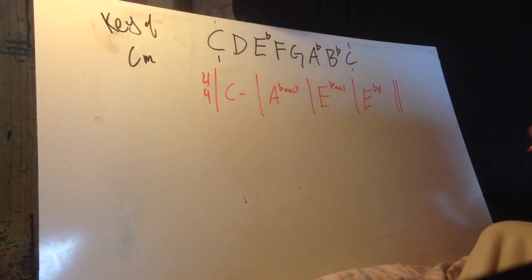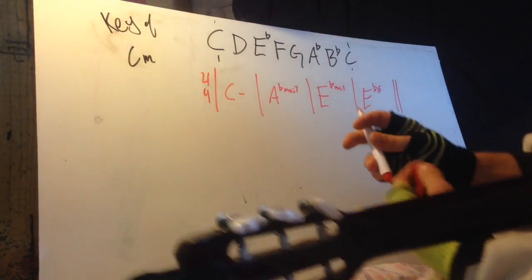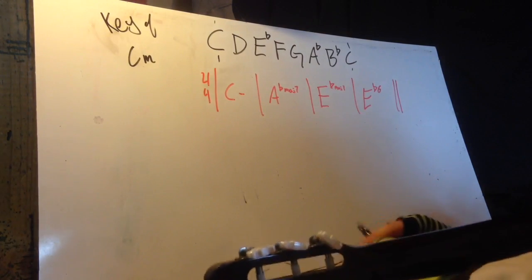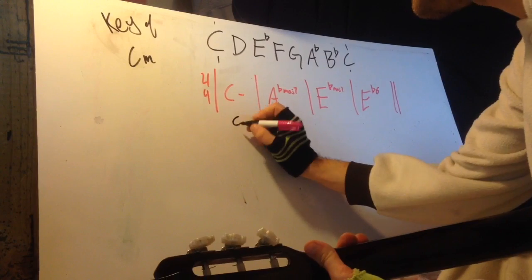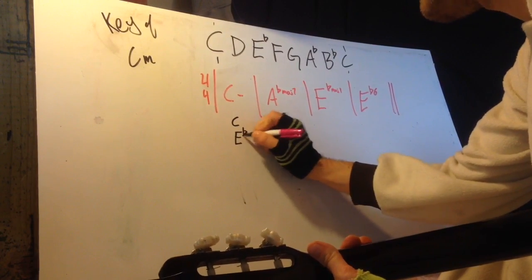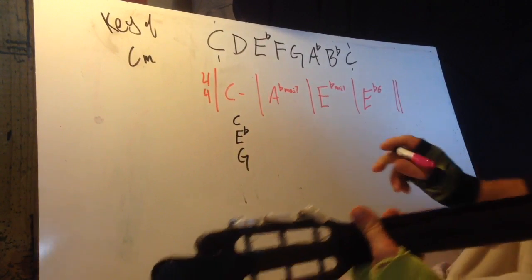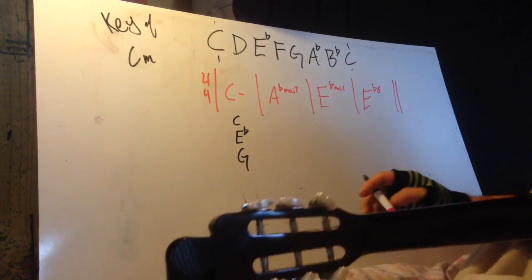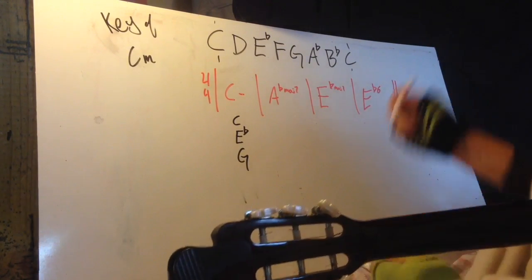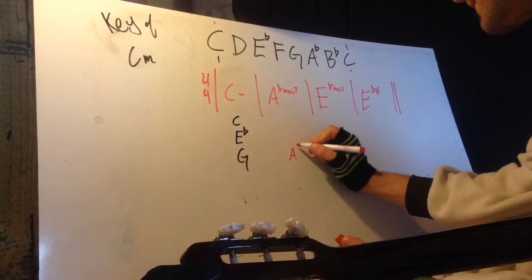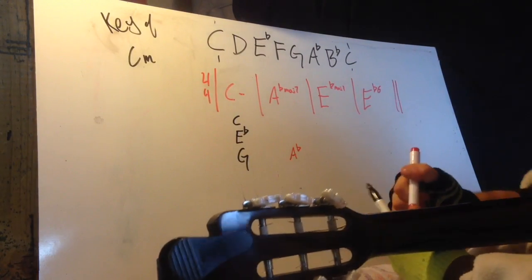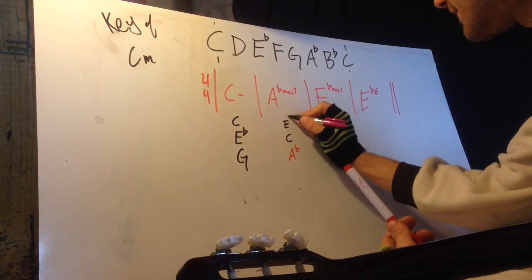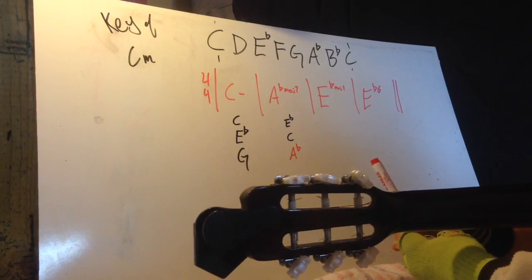Let's just take that first line, for example, right here. Now, the notes that go in those chords are C, E flat, and G. And in A flat, it's A flat, C, E flat.